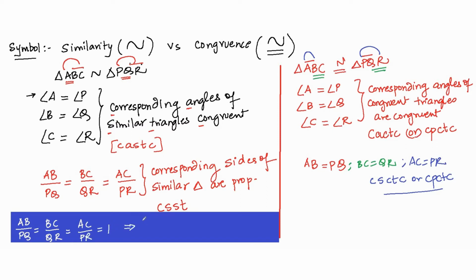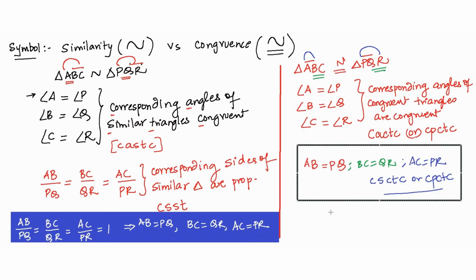If this is equal to 1, it would mean AB is equal to PQ, BC is equal to QR, and AC is equal to PR. That would mean that the two triangles are actually congruent to each other, and it is illustrated by the rectangle that I'm highlighting right now. So congruence is just an outcome of similarity.